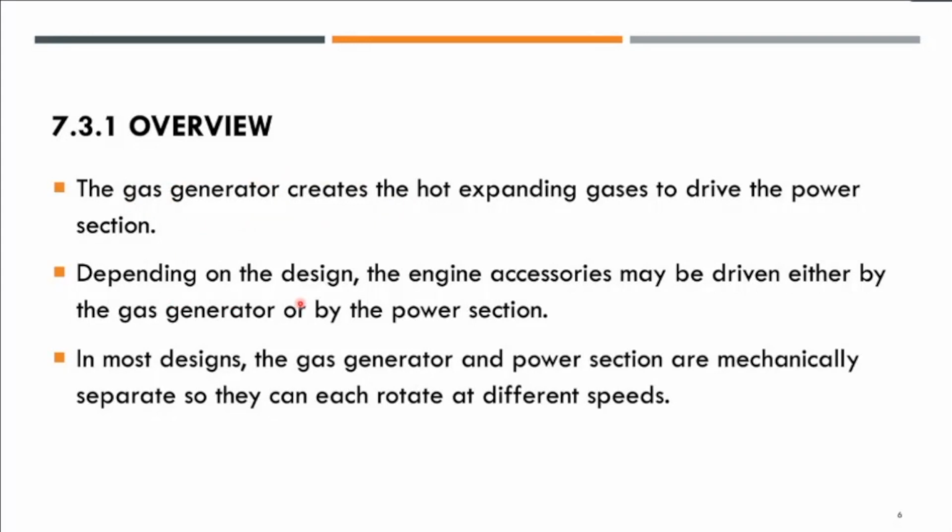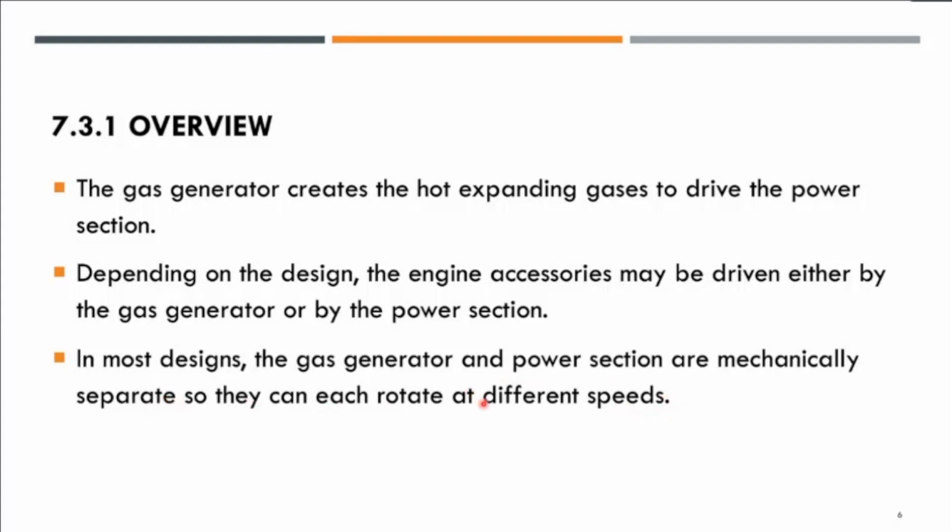Depending on the design, the engine accessories may be driven either by the gas generator section or by the power section. In most designs, the gas generator and the power section are mechanically separated so that they can rotate at different speeds.